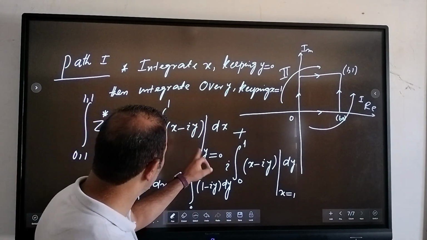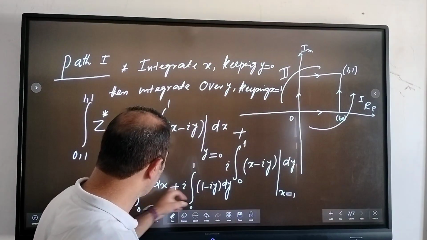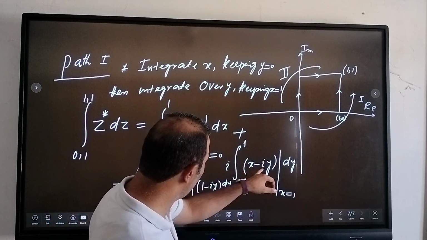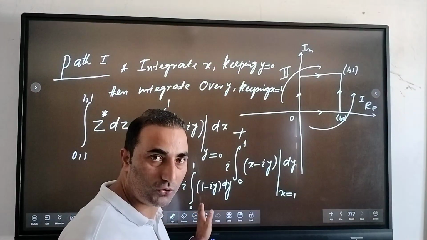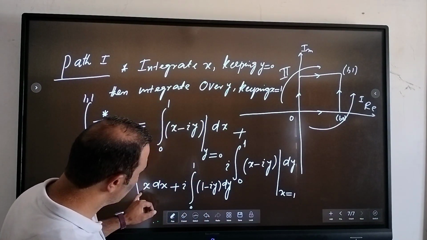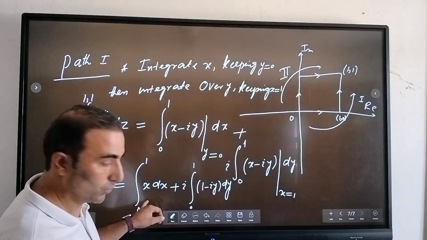So this x dx, because y equal to 0, so ये जो बन जाएगा 0 to 1 x dx, और यहाँ पे क्या करना है हमें, we need to put that x equal to 1, so this will be 1 minus iota y dy, and iota is outside already, so this is from this equation what we have done. So this comes out to be, this is x square by 2, right?